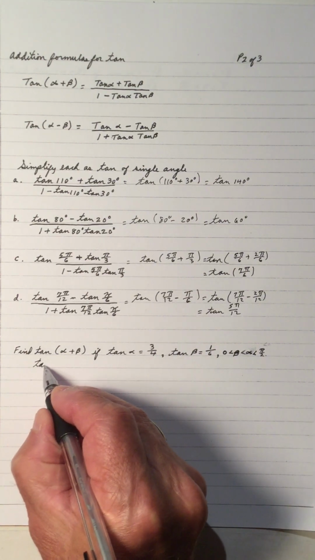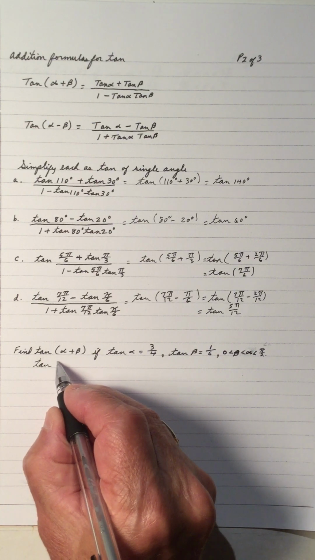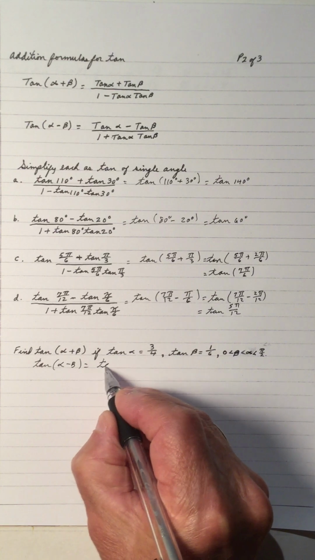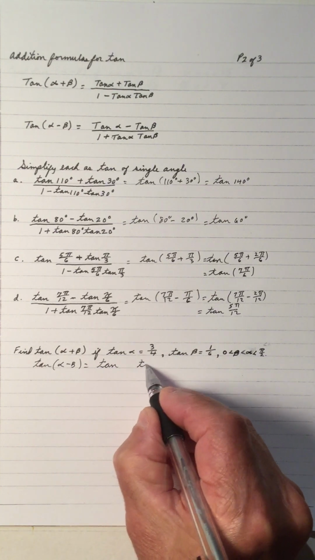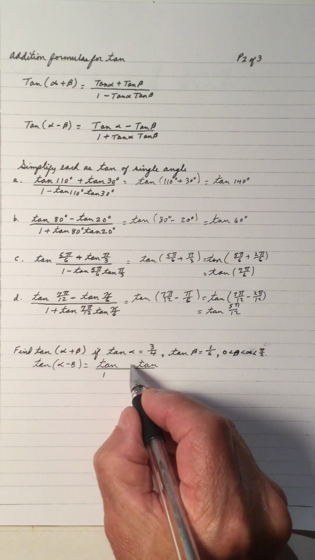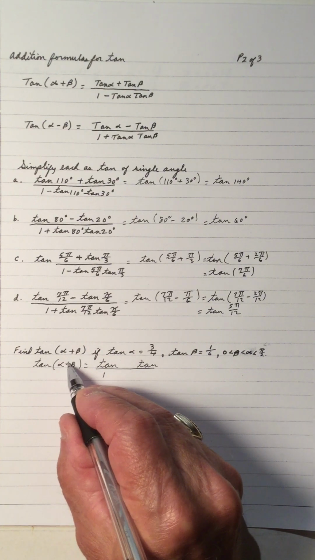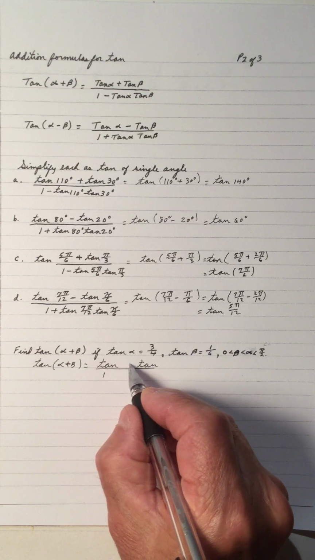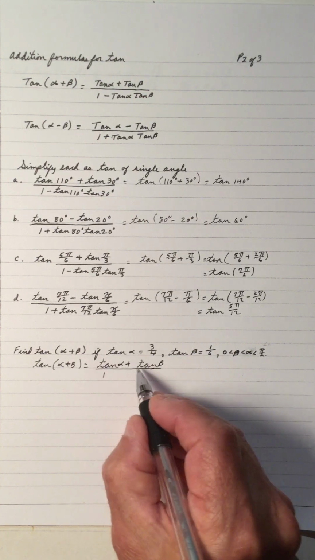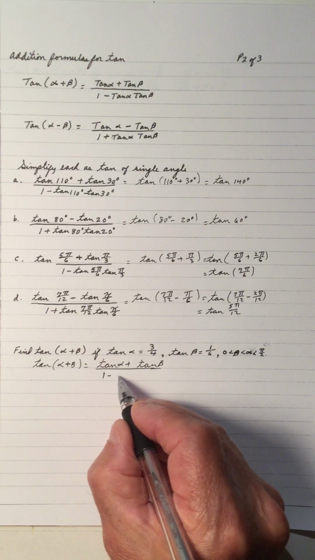So let's continue. The tan of alpha plus beta is the tan, over 1. This is a plus, so this is a plus. We have alpha and beta. Because this is a plus, this is a minus.